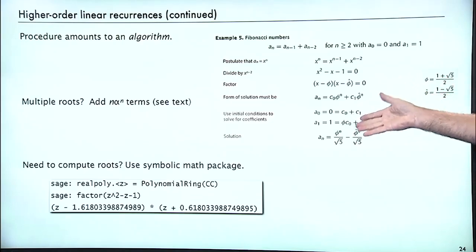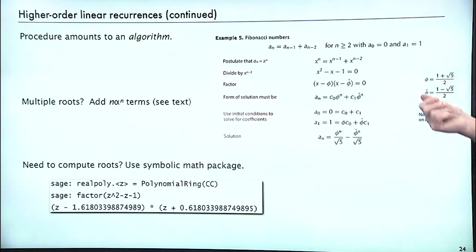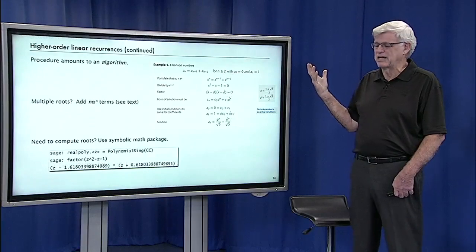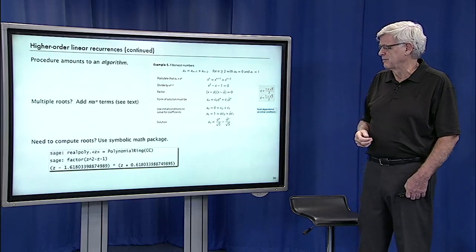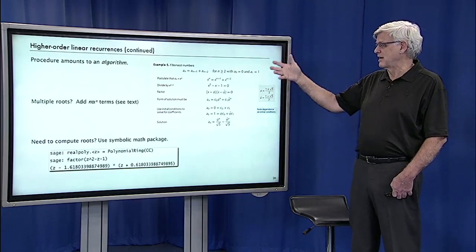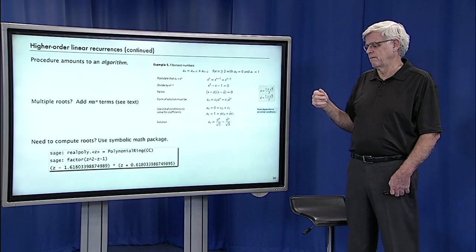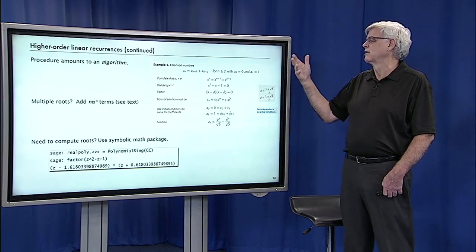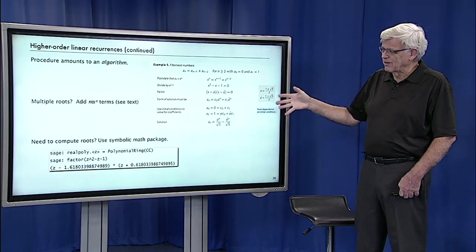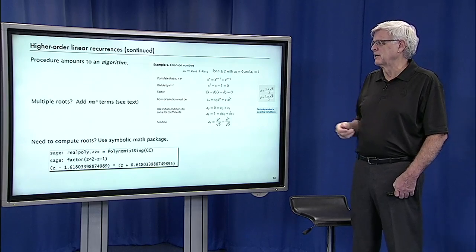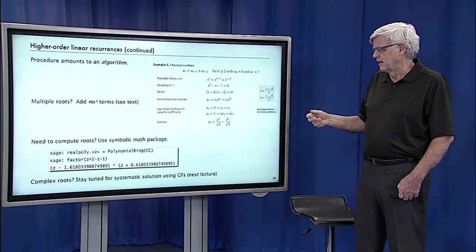And this is computing these with Sage, but you can use Mathematica or Maple or other packages to go ahead and compute roots. That's the way you do it nowadays. So we have an algorithm for solving higher order recurrences with constant coefficients. We'll develop this more fully later on.